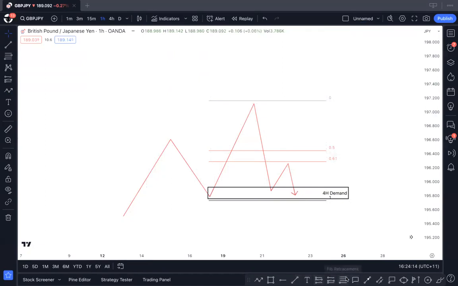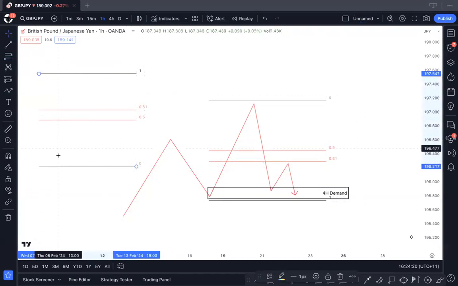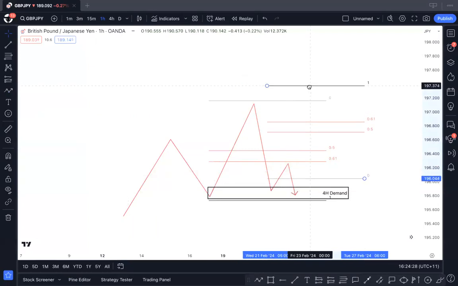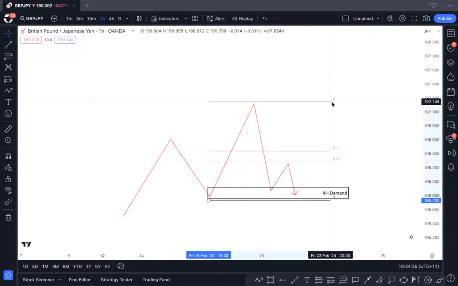I don't know if that's true or not, but this is called a fib retracement model, right? Anything below this 50% mark, we're looking for buys from a bullish point of view. Anything here, we're looking for sells. So look for sells through here. Anything here, we're looking for buys in this model, right?